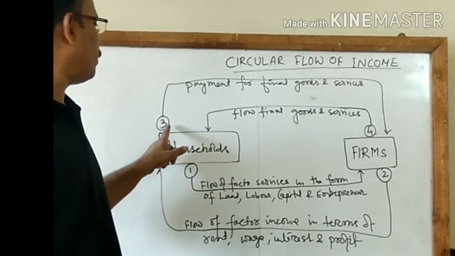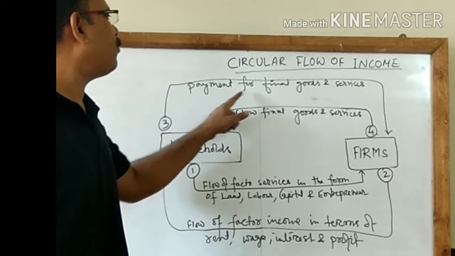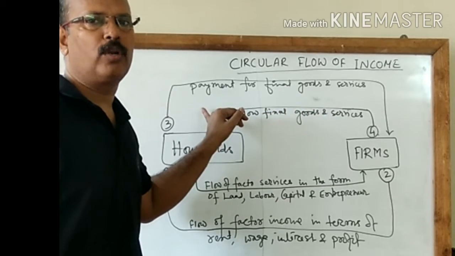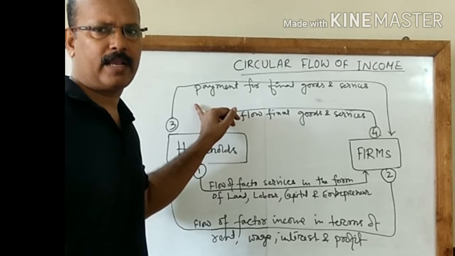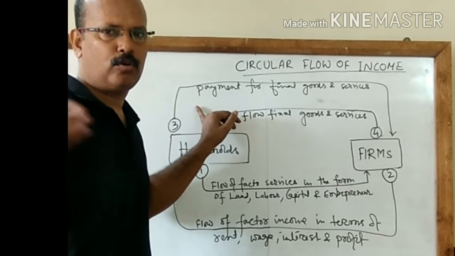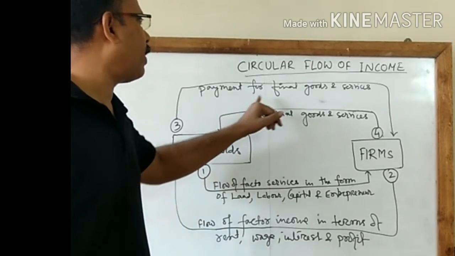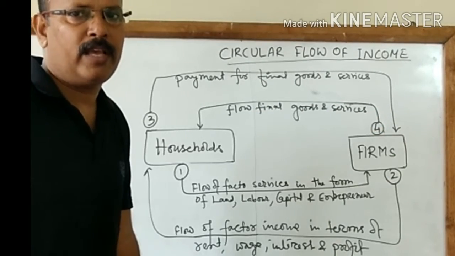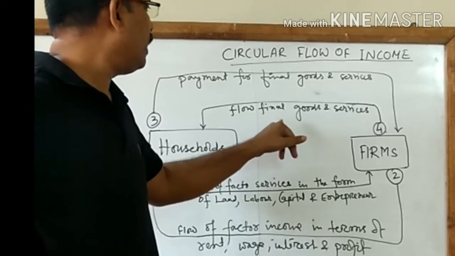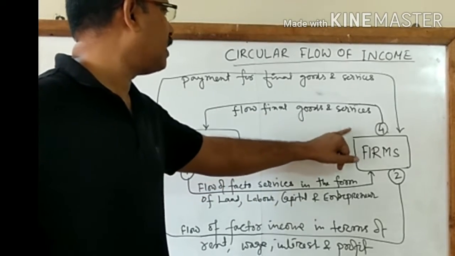It is shown in number 3, payment for final goods and services. Households will go to the market or to the sellers or to the producers and will make payment for final goods and services. And in return, farms are providing final goods, the flow of final goods and services to the household.